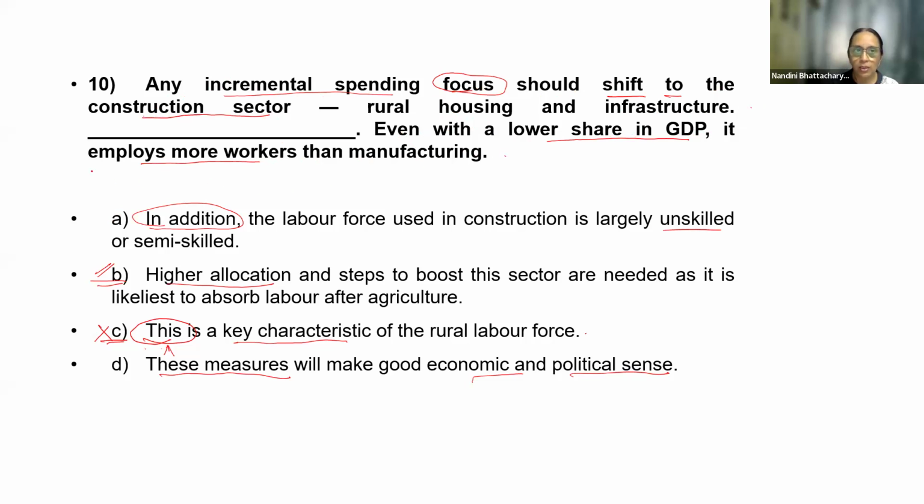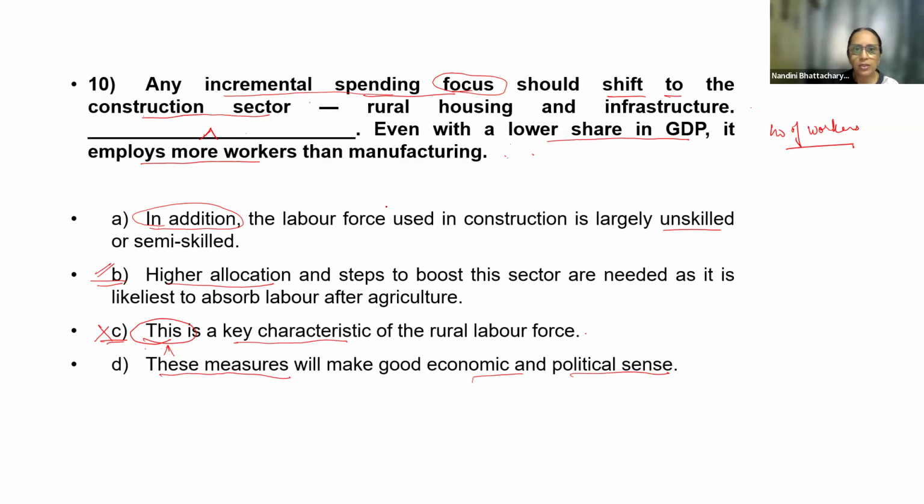So the number of workers is high, and here it's talking about spending should shift to the construction sector, and this gives a reason why. So what should be in the middle? There should be another reason for why it should. If you give a statement, then you should support it with reasons. So here we need a reason to support the previous statement, right?